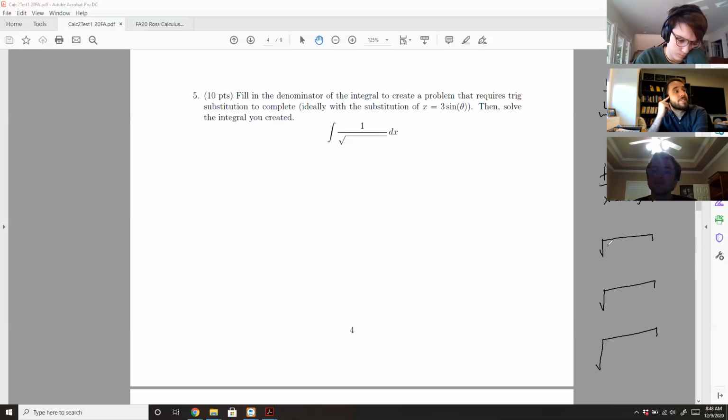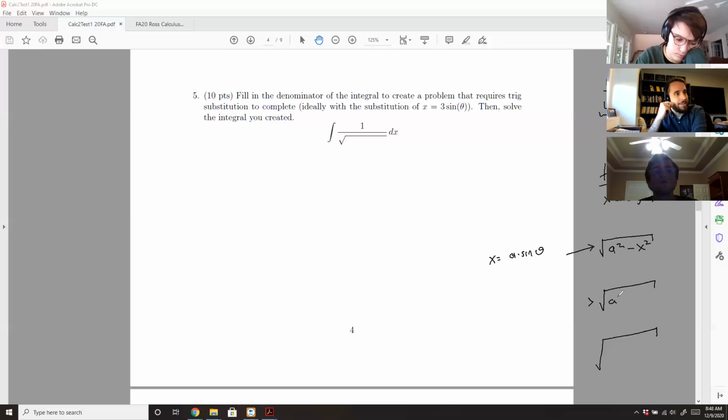The ones that we focused on in class were if we had expressions of the form a squared minus x squared with a square root, the trig substitution that we often used was to let x equal a times the sine of theta.